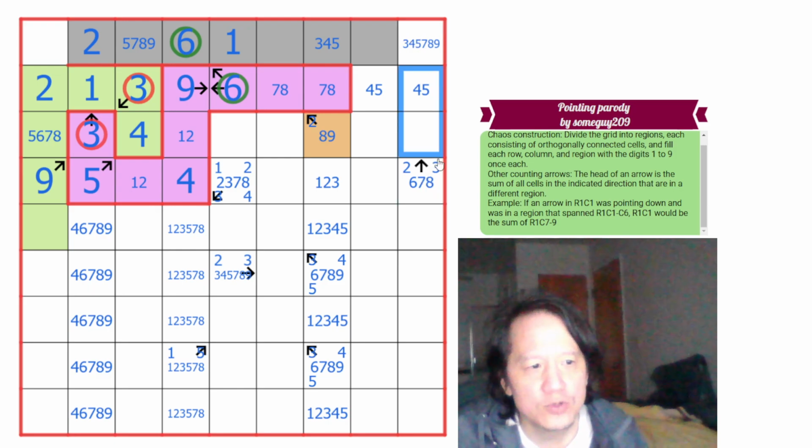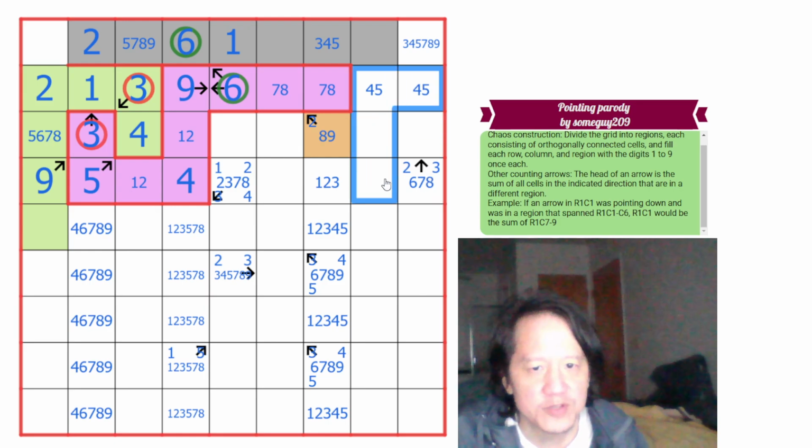We know 2 of them at least have to be different regions, so therefore it would be like that. Therefore, these 2 would be blocked. So this can never be the same region as this. Can this ever be the same region as this? No, because of the same problem, right? You need to have 2 that are not part of the same region. So therefore, neither of these 2 are part of the same region as this.